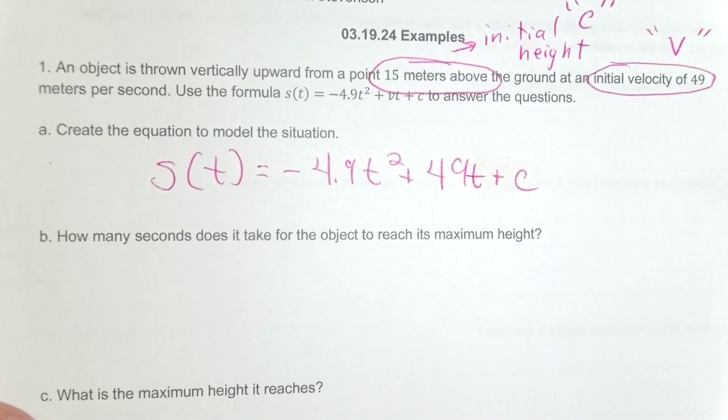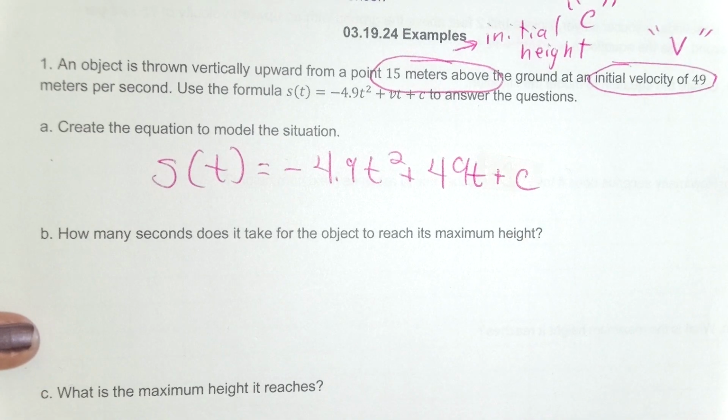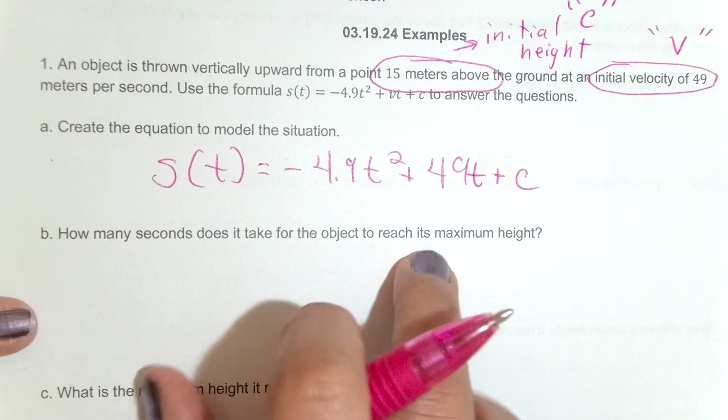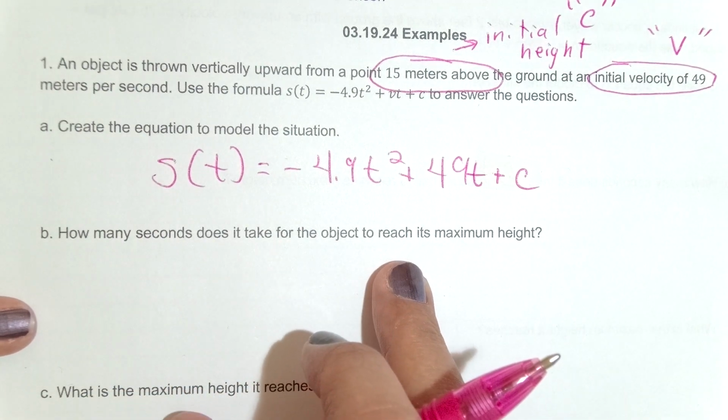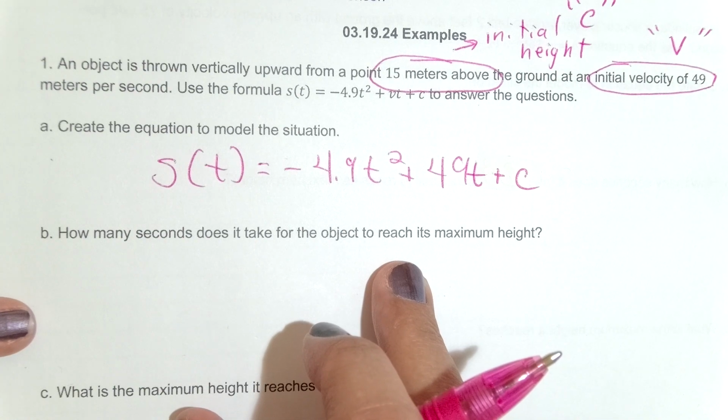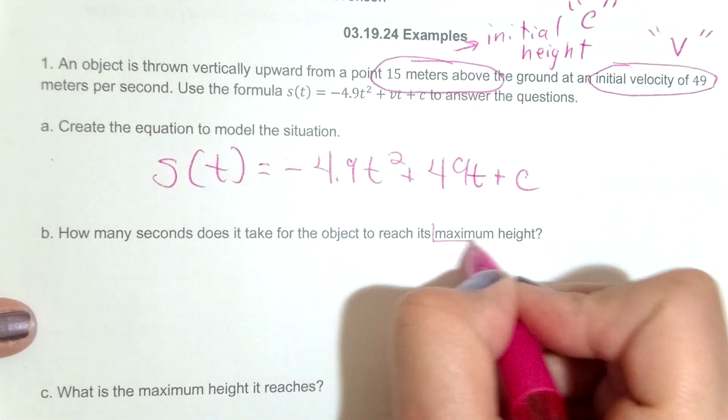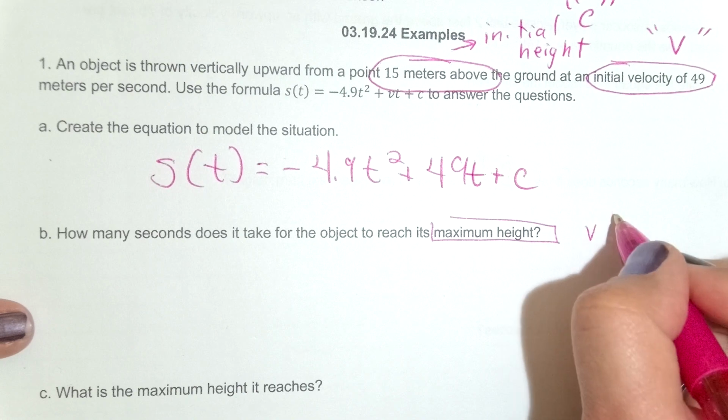Okay. Part B now asks us how many seconds does it take for the object to reach its maximum height. So looking back at the level 3 information I gave you, you're going to need to first find the derivative and then set it equal to 0. Because the maximum height is reached when the velocity is 0.